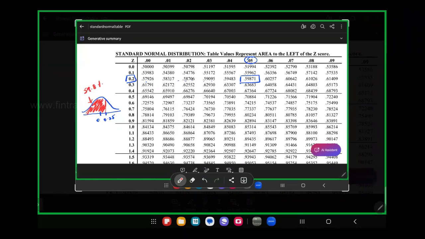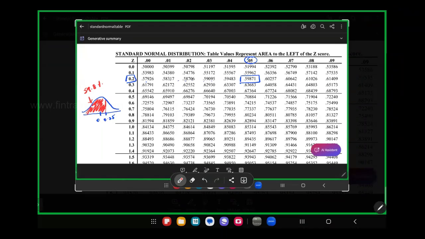What we want, if you look at the question, they said, what is the probability it will be greater than 18%? That is to the right side. The right side is the higher values. So we are looking at the unshaded portion, but the entire area is 100% or 1.